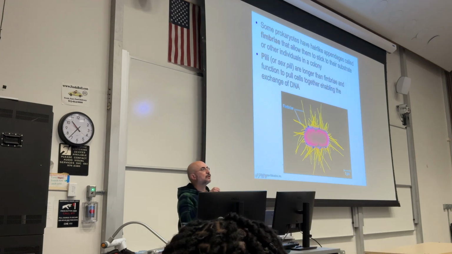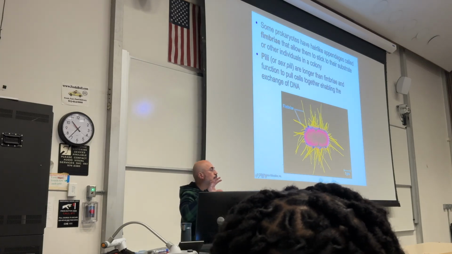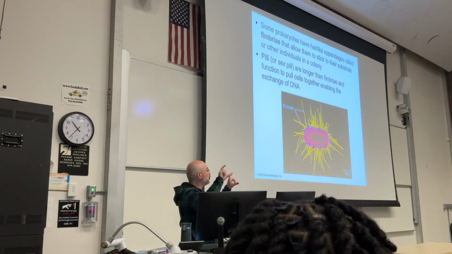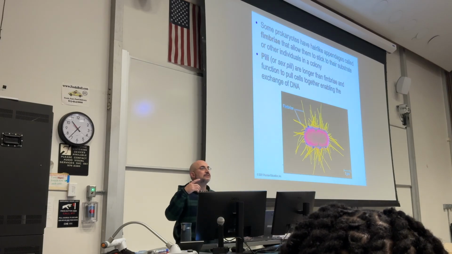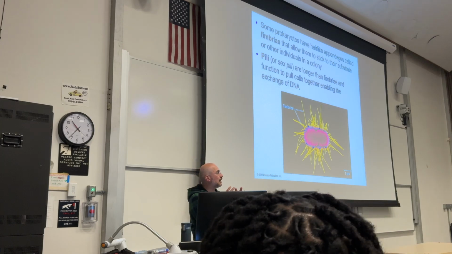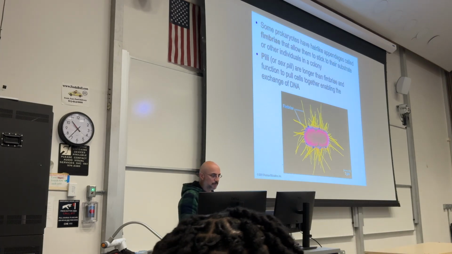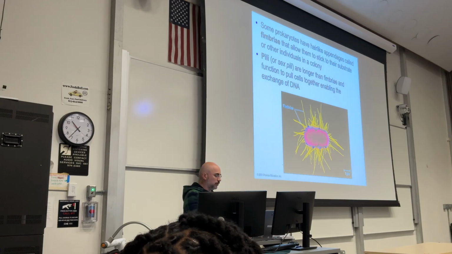Why? Because those are going to be longer extensions that bacteria are going to use to connect with other bacteria and to do the famous horizontal gene transfer, where they are going to exchange genetic material, and we will see why that is important. It's kind of a sexual reproduction in prokaryotes.